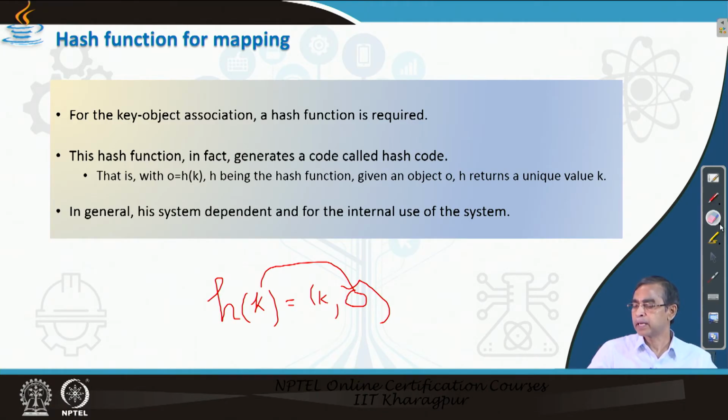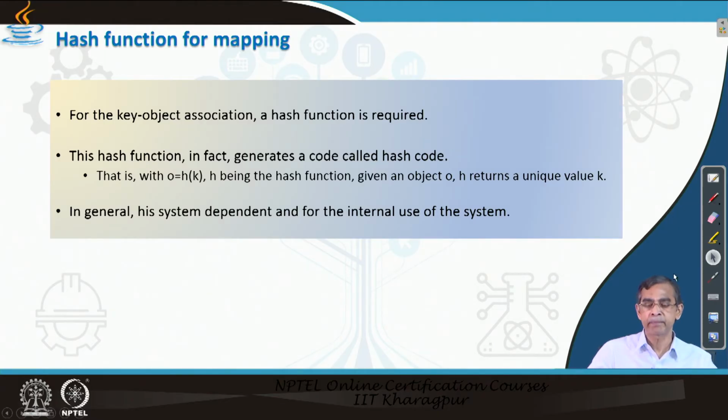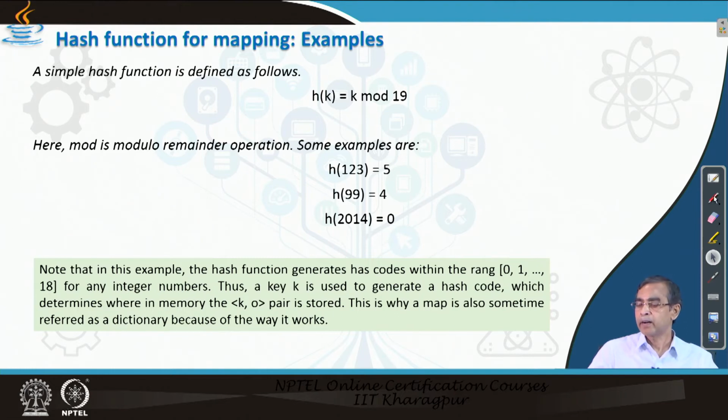Now let us come to some examples so that we can understand the hashing function better. Here is an example of a simple hashing function. Let this hash function be defined using the modulo remainder operation for any integer k. For example, h(123), if we apply this modulo function, gives 5.